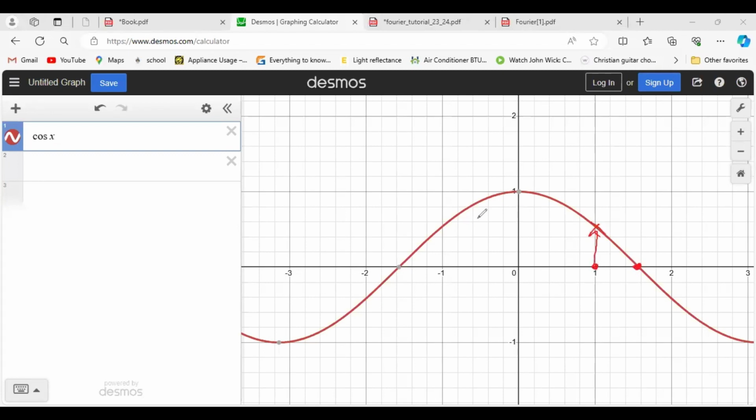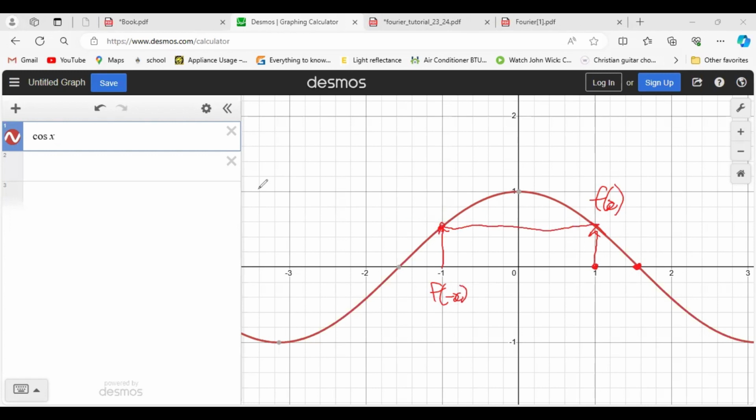And if you reflect it on the x-axis for -1, so this is f of x and this is f of minus x, you will notice that they are at the same value, right?